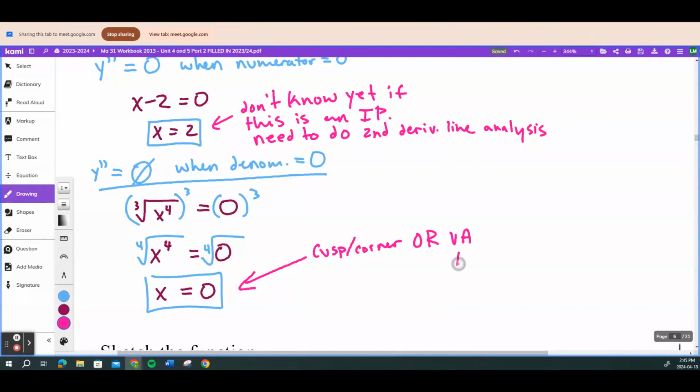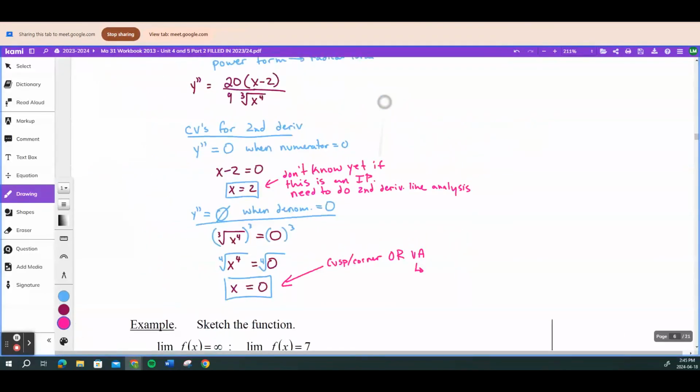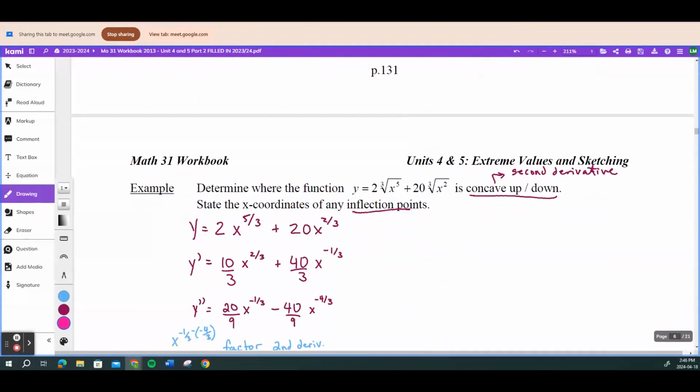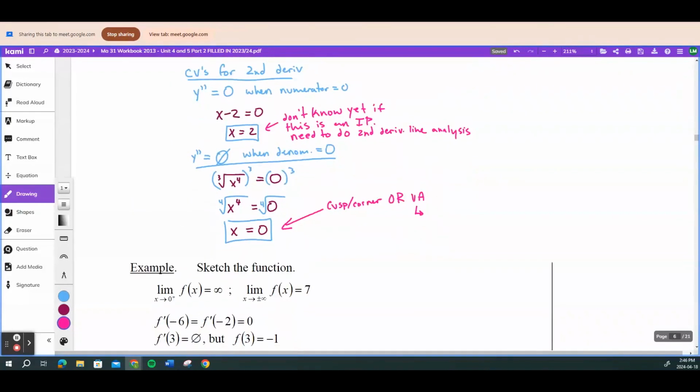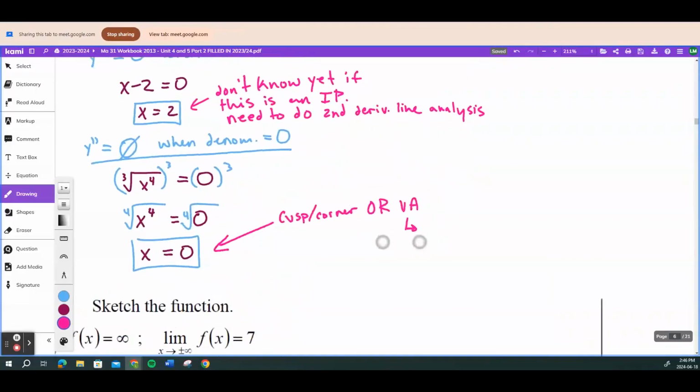To determine for sure whether we have a vertical asymptote or not, we need to look at the original function to see if there's anything in the denominator, right? Because in the original function there is no denominator, that eliminates the possibility for a vertical asymptote. So it has to be a cusp or a corner.